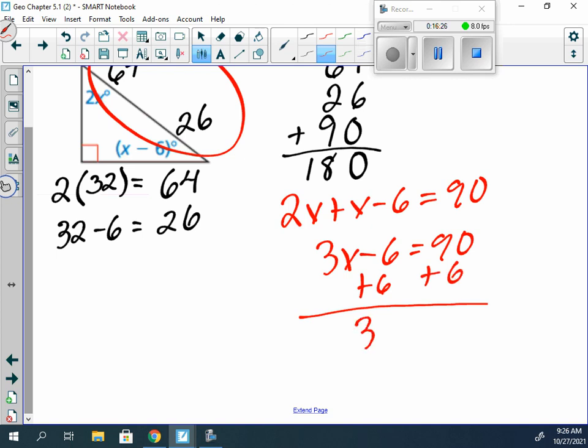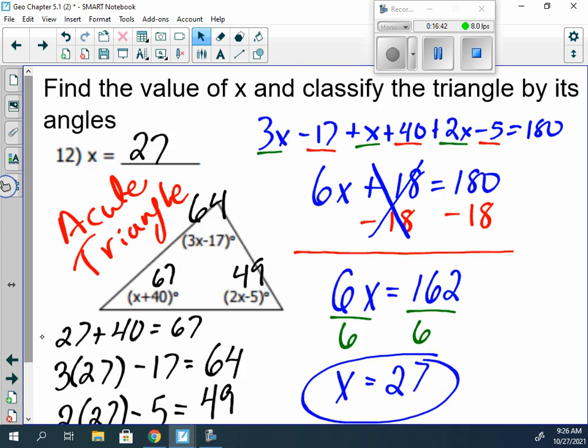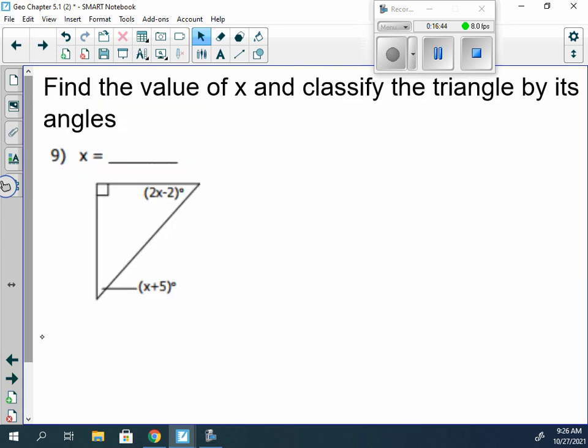Add 6 to both sides, which tells me 3x is equal to 90, which is the same thing we got. So setting them equal to 90 for any right triangle will work. But if we don't remember that, we can still add all three angles together and have it equal 180. Either one will work.